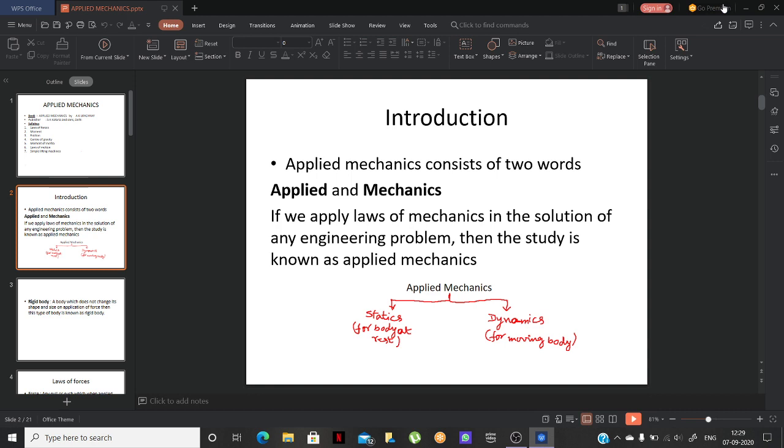The importance of applied mechanics is that its knowledge helps us in the design of all types of structures and machines. So the knowledge is very essential for the design of structures and machines.